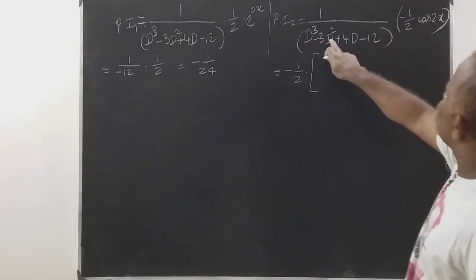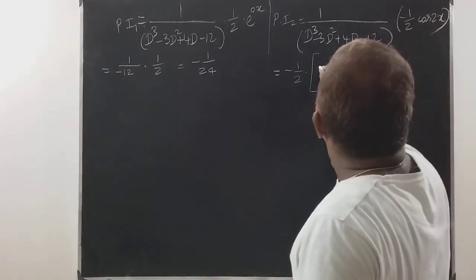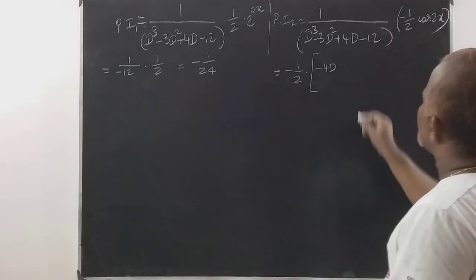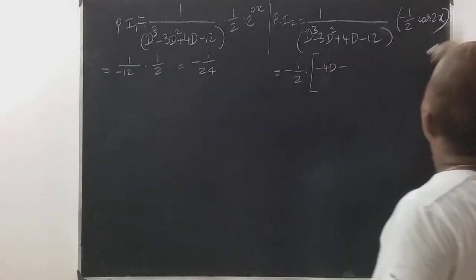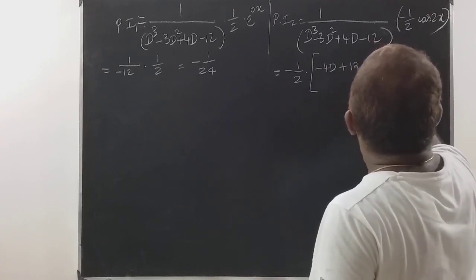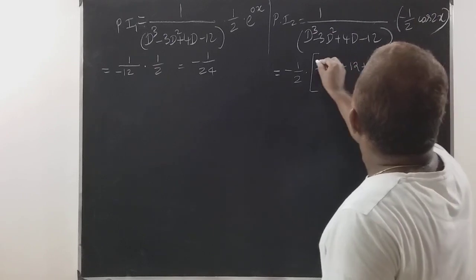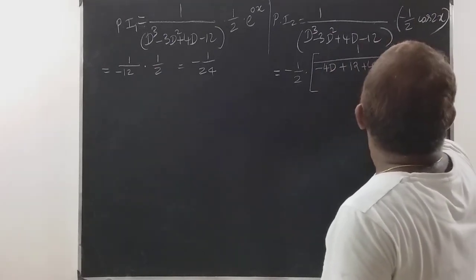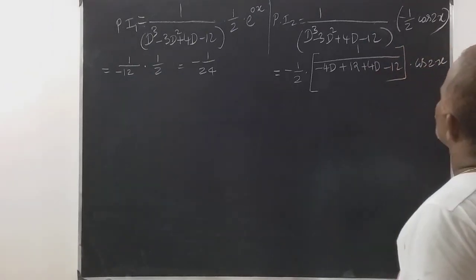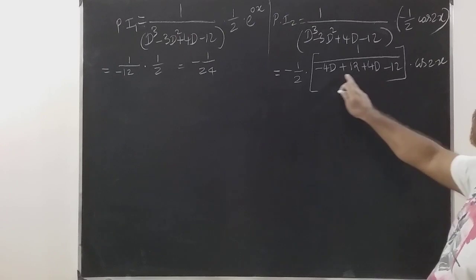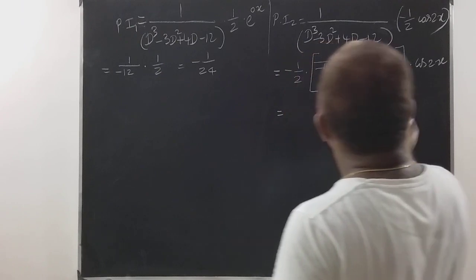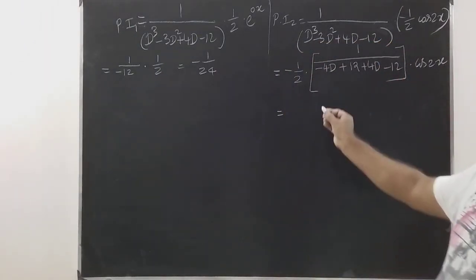So therefore this D squared is minus 4. So therefore minus 4 into D, minus 3 into minus 4, therefore plus 12, plus 4D minus 12, 1 by that into cos 2x. Here the denominator is 0.